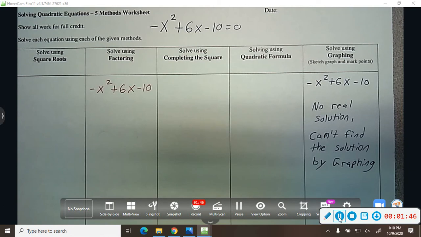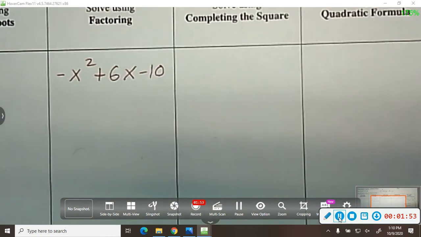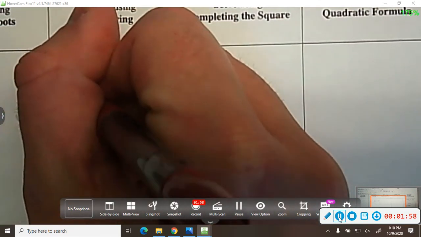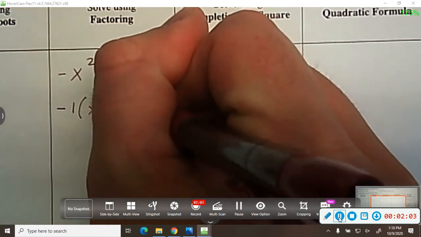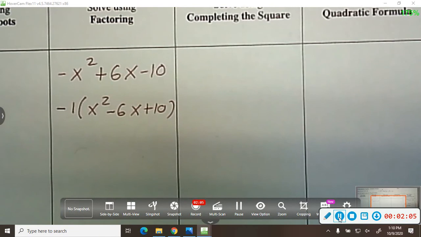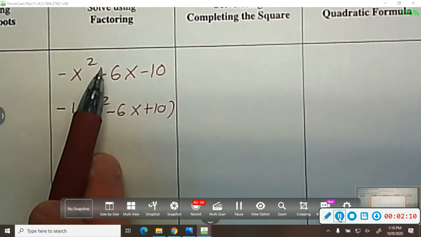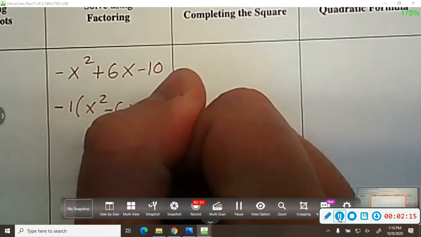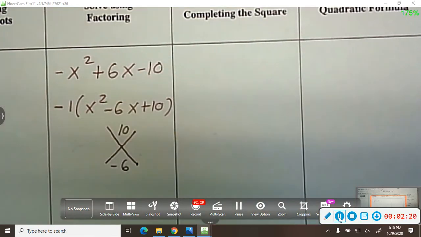I kind of already know it's going to fail because it's a trinomial, but when you're factoring and there's a negative out front, you factor it out. And we covered that together. So you factor out the negative, that changes it to positive, negative, positive, and now we're looking for two numbers that multiply to 10 but add to negative 6.